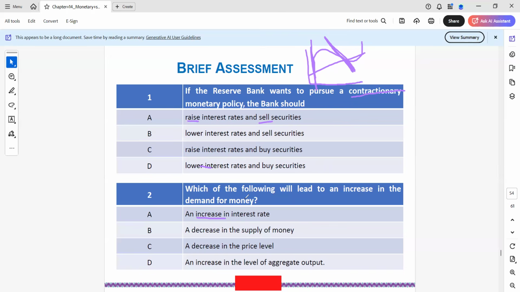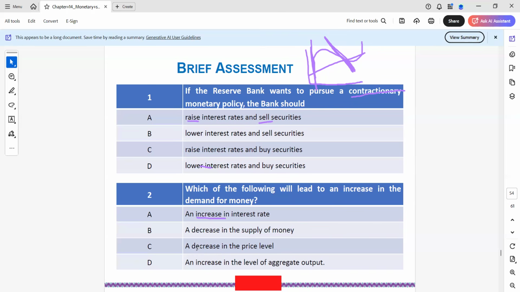So B is also not correct. A decrease in the price level: if prices decrease, you will not demand more money. There won't be an increase in the demand for money, because if prices decrease, the money that you have is just enough for you to buy these goods. It's even extra because prices have decreased. But if they said prices increase here, it was going to be number C.